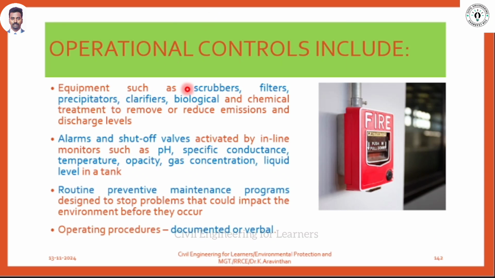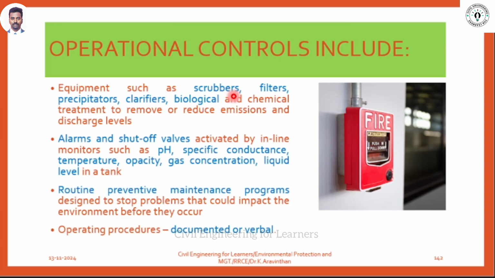The equipment such as scrubbers. Can you remember scrubbers? Where have I explained scrubbers? Under the topic of emission, pollution, air emission. So if toxic air, sulfur dioxide, nitrogen oxide is being emitted, you have to remove that from the air. For that, what will you use? Scrubbers.